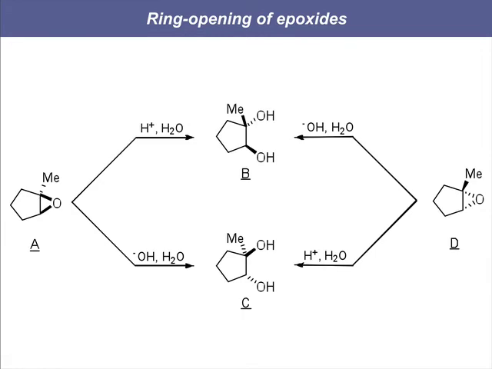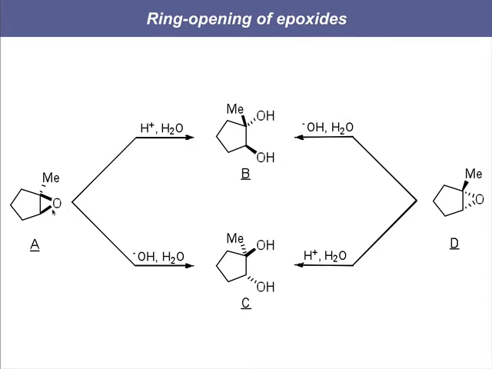Another way to look at it is this way. Here we're starting with one enantiomer of our epoxide with the epoxide ring up and the methyl down. We'll call that A. Here we're starting with its enantiomer with the epoxide ring down and the methyl up. So A and D are enantiomers.